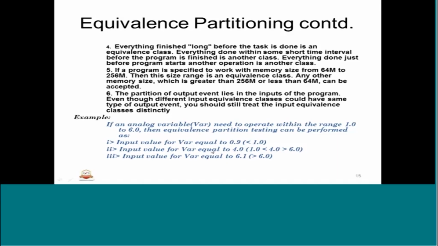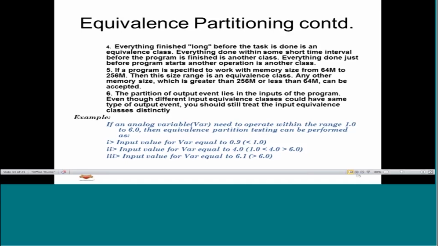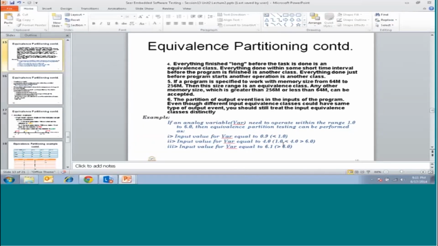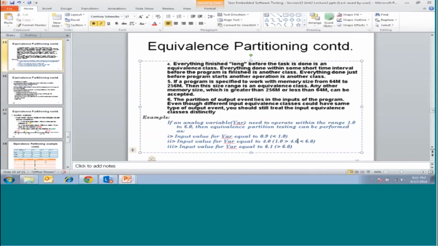Another is an input value for the variable equal to 4.0. This is the normal range, because 4.0 is greater than 1.0 and less than 6.0.